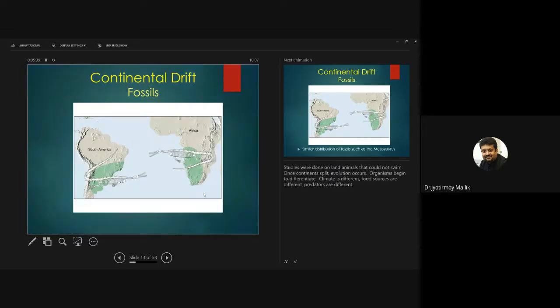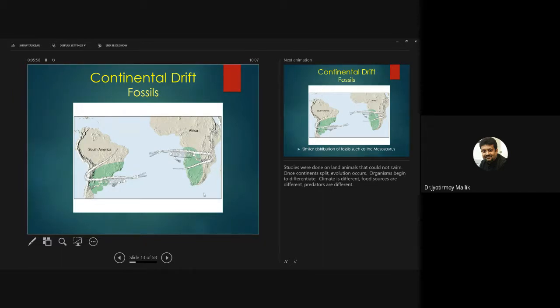So now this is the type of fossil evidence. I'm not going to talk about the actual fossils, what were they, but this is what people have found. Okay, they found similar type of fossils which are present in South America, also present in Africa. So what could be the rationale?